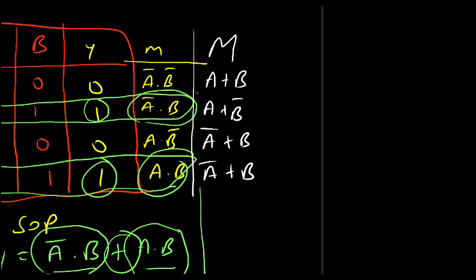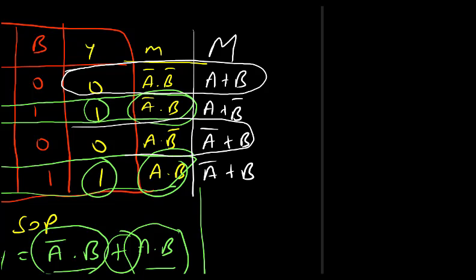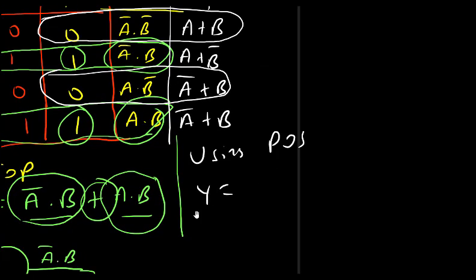Now for max terms, we take the output which is 0. So this is one output, and this is another output. For POS, we take the max terms for which output is 0. These are the 2 outputs.